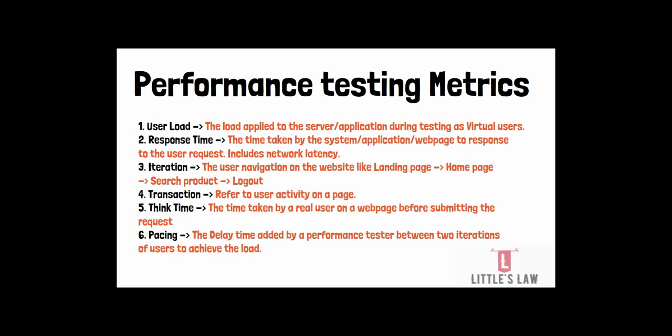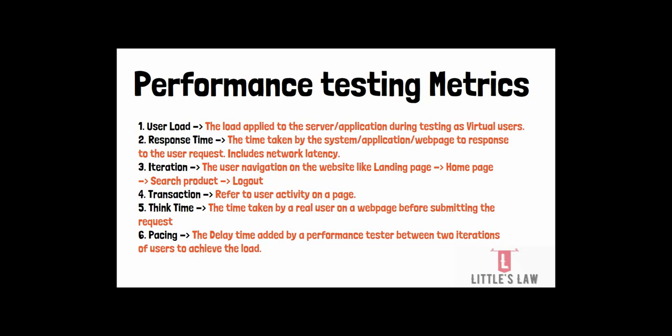Next comes the think time. What is think time? It is the time taken by a real user on a web page before submitting the request. And next comes the most important of all, which is the pacing. The pacing is the delay time added by a performance tester between two iterations to achieve the defined load.